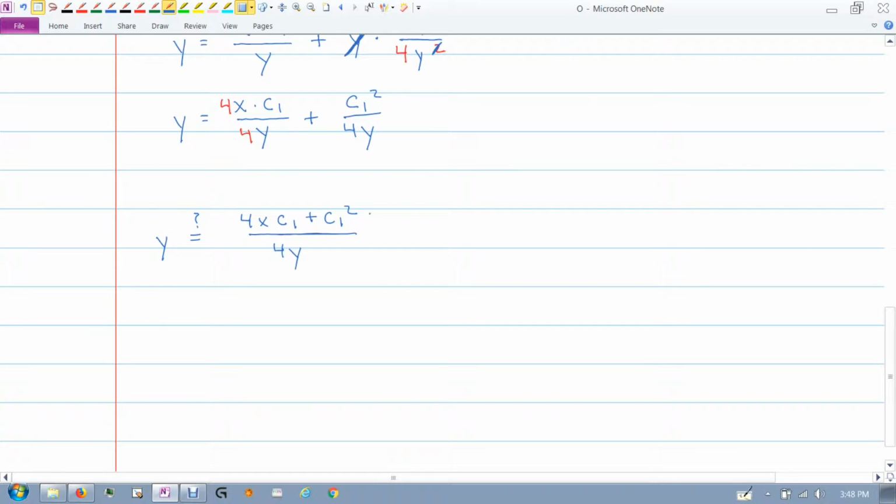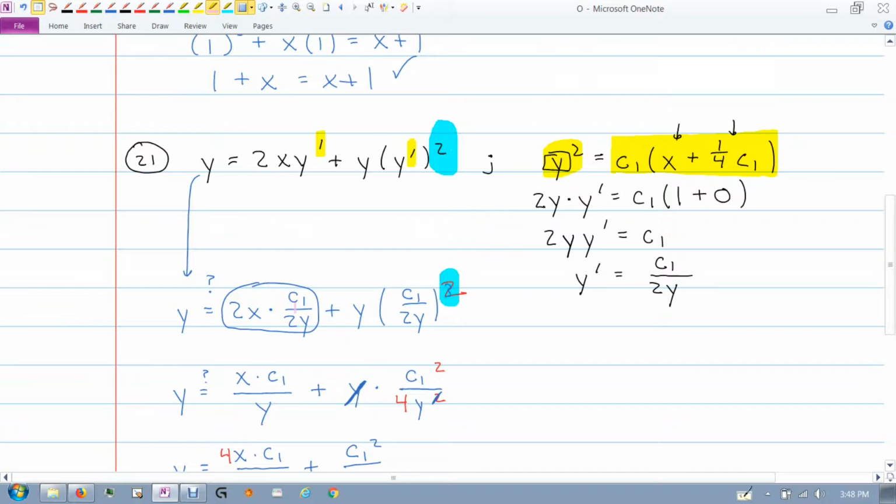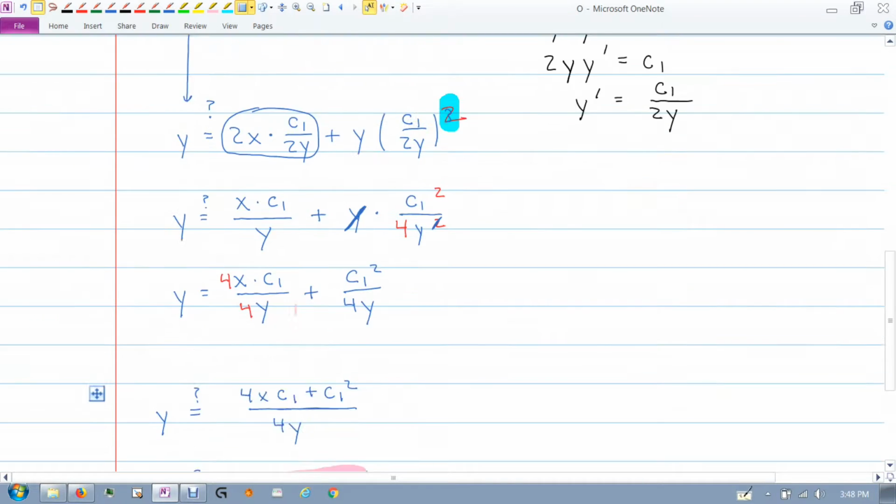One more thing to do here was pull out that c sub 1, and we're left with 4x plus c sub 1 over 4y. So pull out that common factor of c sub 1, and then notice that this is, where is it?